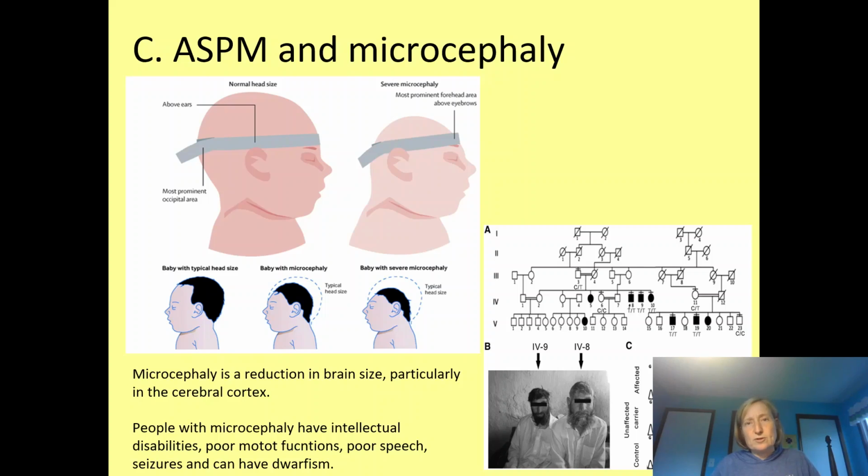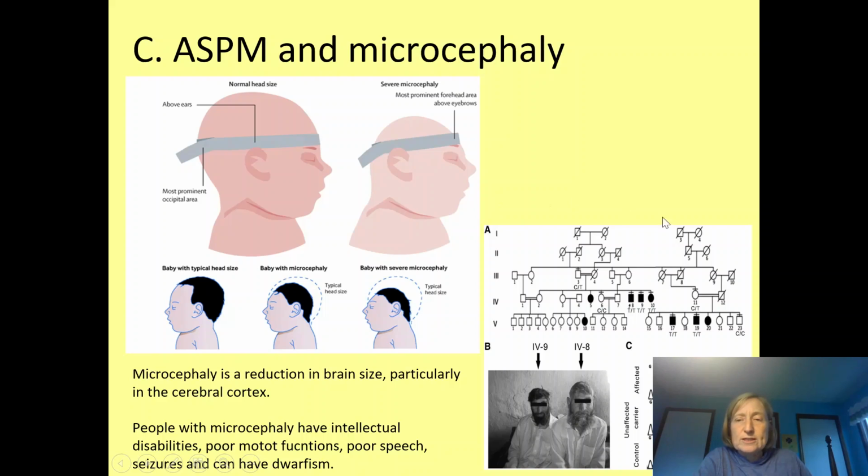That contributes to one form of microcephaly. If you have microcephaly, individuals with it have intellectual disabilities, poor motor functions. Boy, have I not spelled either of those correctly. Poor speech, some seizures, some can have dwarfism, etc.